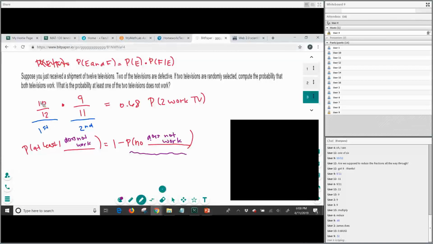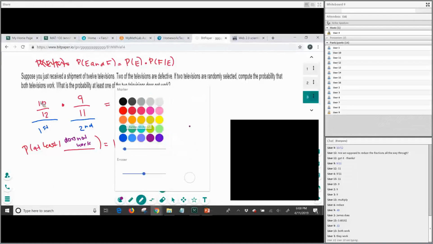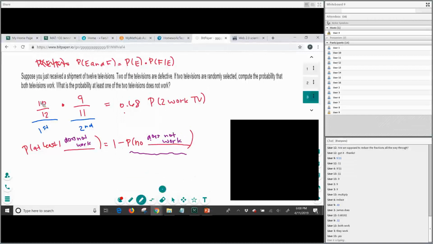We fill in the same phrase on both sides. Well, this side here, the probability that no television does not work. Now, that's a terrible sentence in English with the double negative, right? What's an easier way to say that no television does not work? It means that they both work, right?